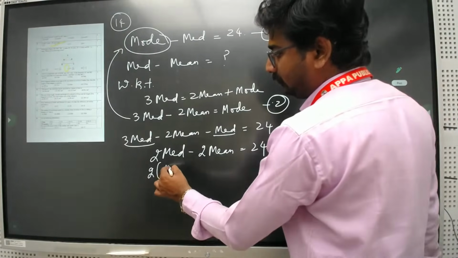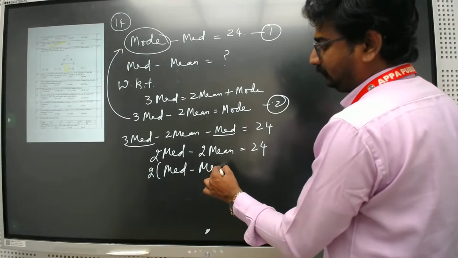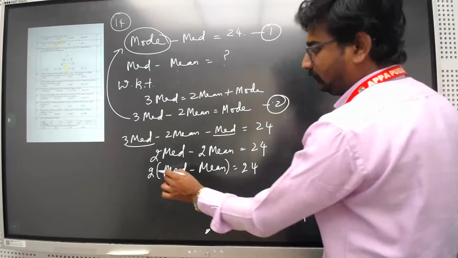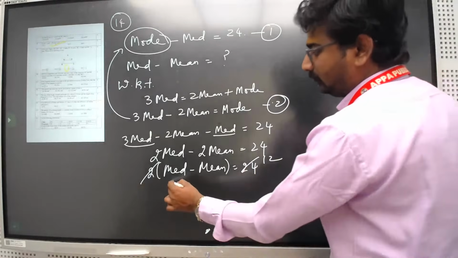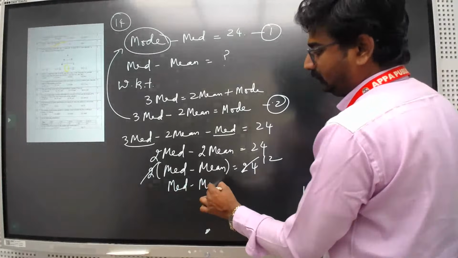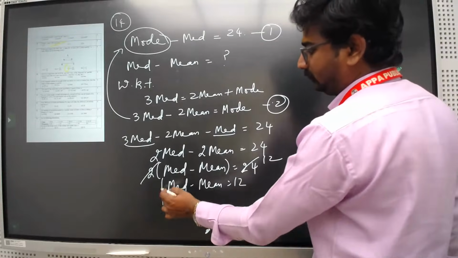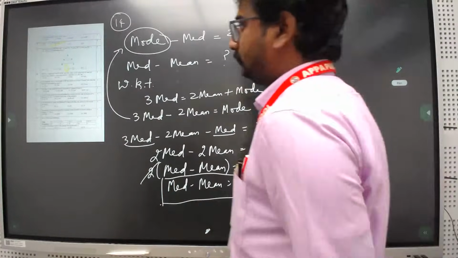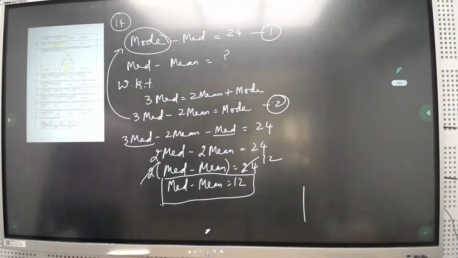Take 2 common: median minus mean is equal to 24 by 2, which is 12. So median minus mean is 12. This is your answer.